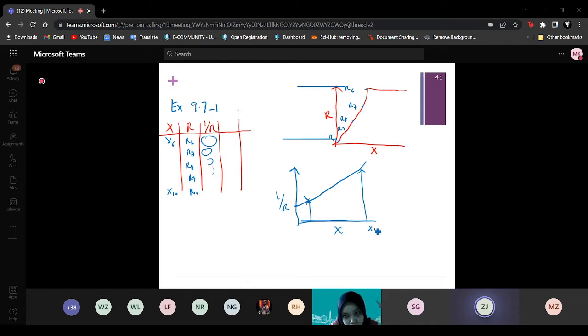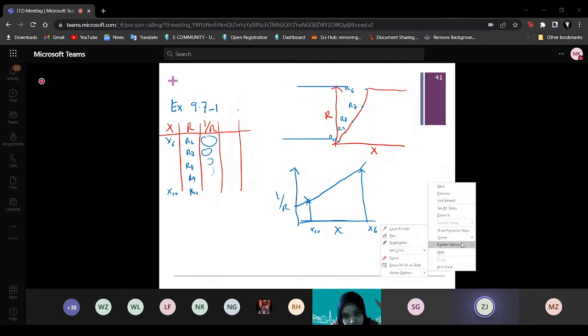This is normally X6, this is normally X10. So now you want to find the area. So what do they do in your example? They show you one of the numerical methods, the simplest method.